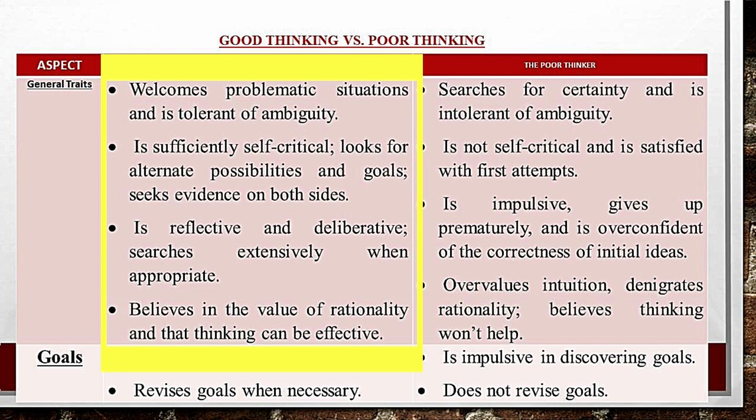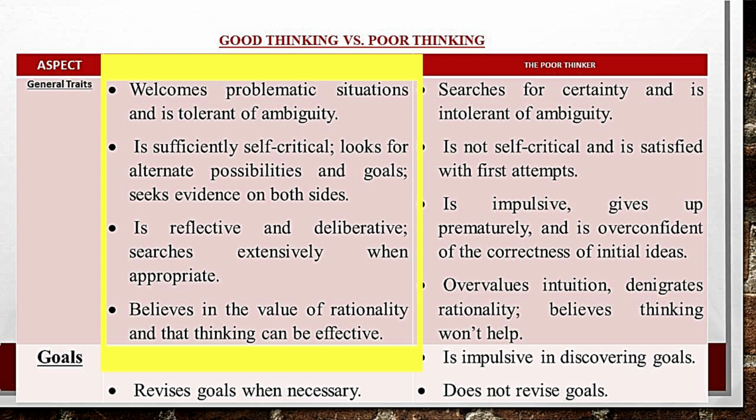Number 2, the good thinker is self-critical and looks for alternative possibilities and goals. The good thinker also seeks evidence on both sides.